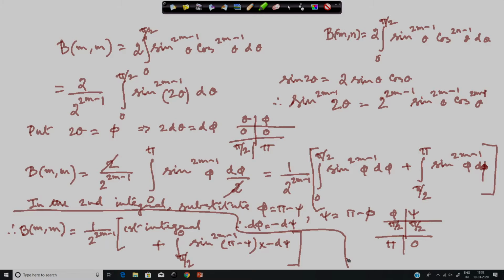You can see that there is a minus sign and therefore the limit will become 0 to π/2, and sin(π minus ψ) is the same as sin ψ.